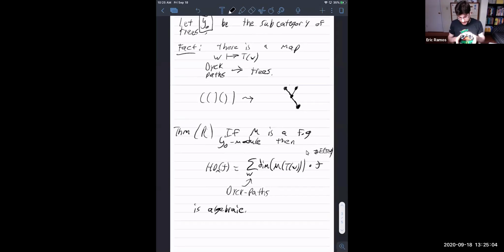So what does this mean? It means it solves a polynomial equation whose coefficients are rational functions. As I said before, for FI you have this rationality result, in fact a bit stronger than rationality: it's rational with the denominator being a 1 minus t to the n type of situation.